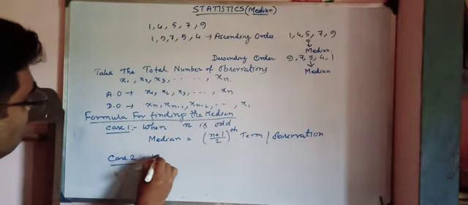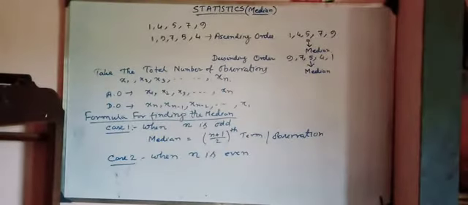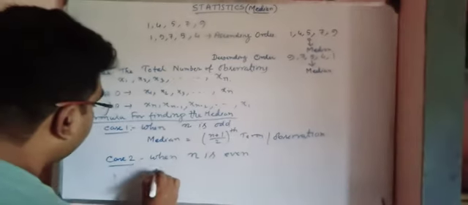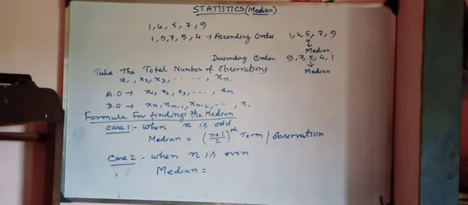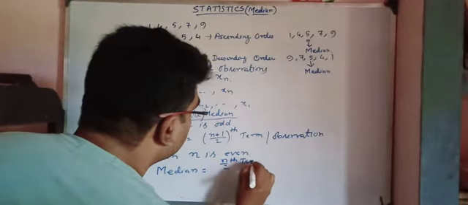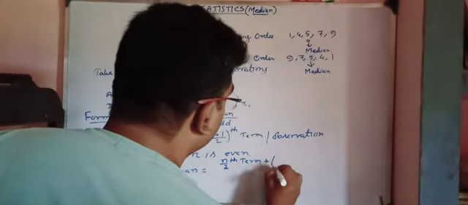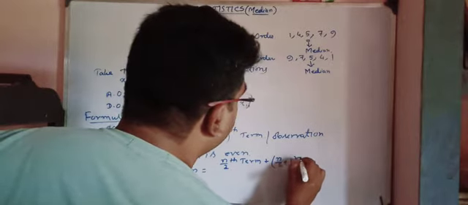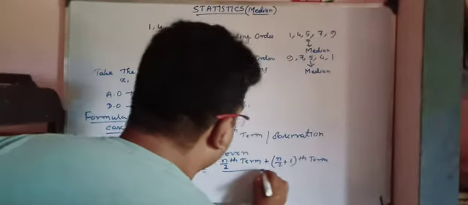Next, come to case 2, when n is even. For case 2, the formula for finding the median is the n by 2 th term plus the (n by 2 plus 1) th term, divided by 2.